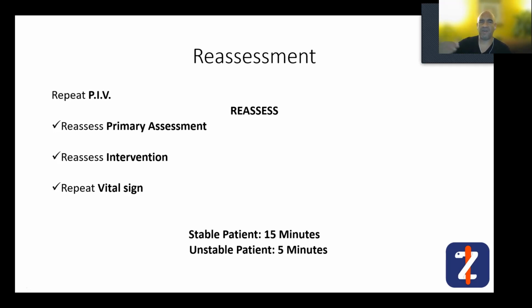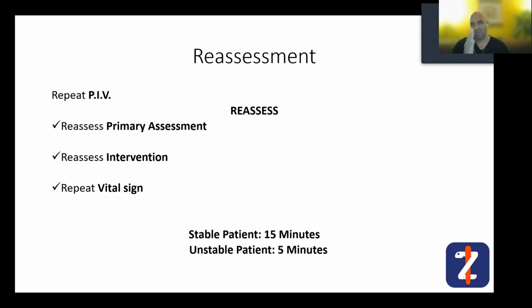PIV stands for reassess the primary assessment, reassess the interventions: oxygen, bandaging, splinting, anything that you gave to the patient as an intervention, we have to reassess that. And last but not least, the vital signs. The vital signs are vital, and we have to check them. The very first set of vital signs is the baseline.